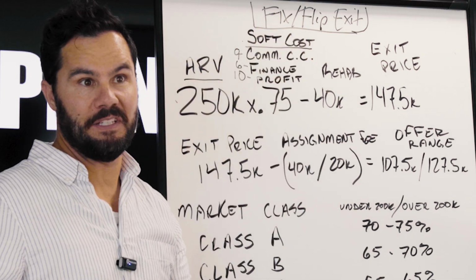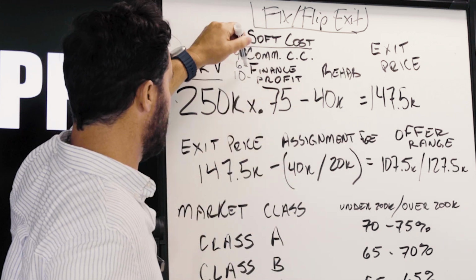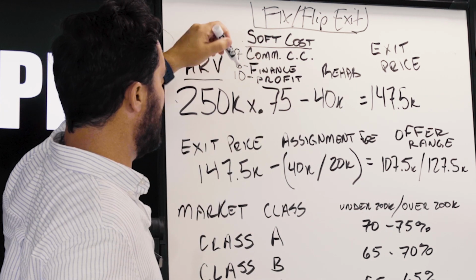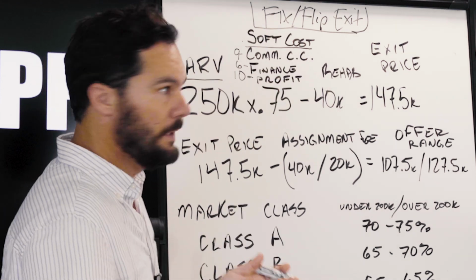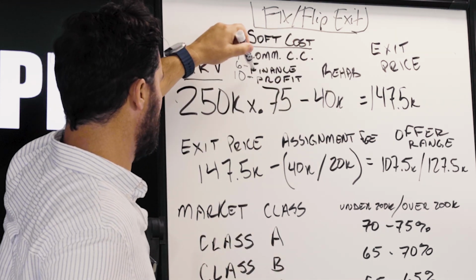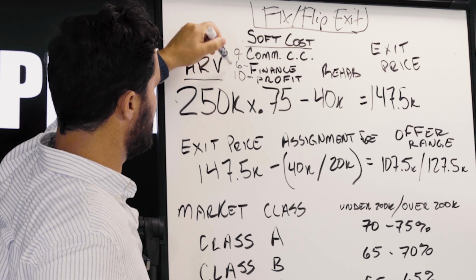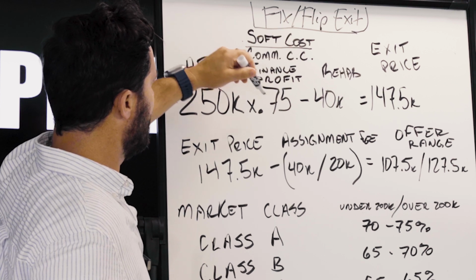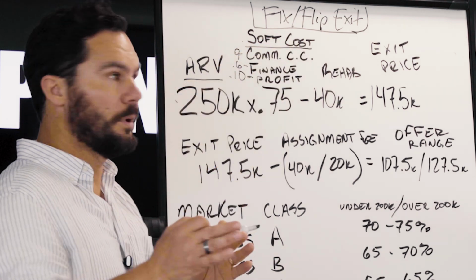Most flippers are financing their deals. That means they're paying interest to a lender, right? So about 6% of that. And then that gives you about 10% left to go towards your profit. Now, again, those could vary a little bit because maybe they're self-funding or whatever. But if you add this up, that comes to 25%: 9, 6, and 10. And that gets you to that 75% number off of ARV.